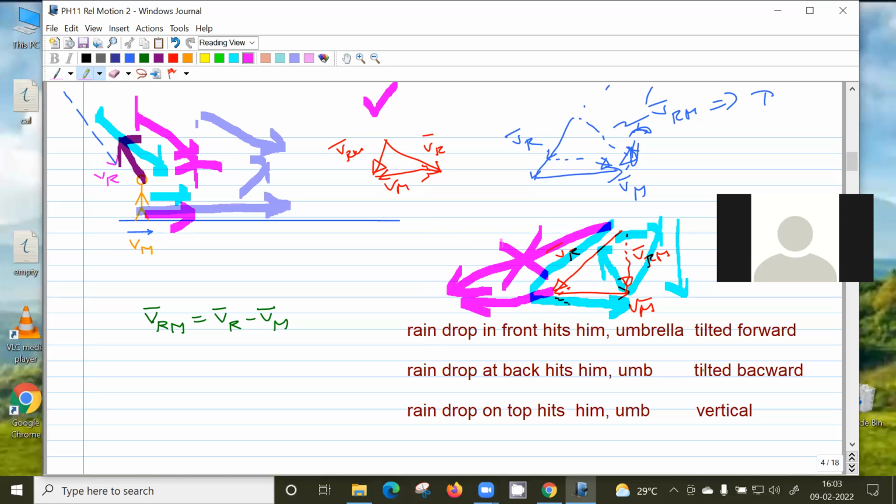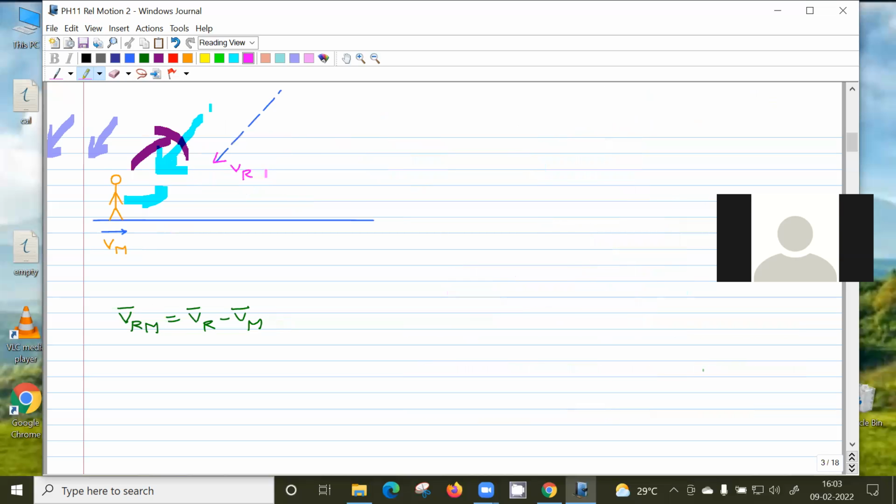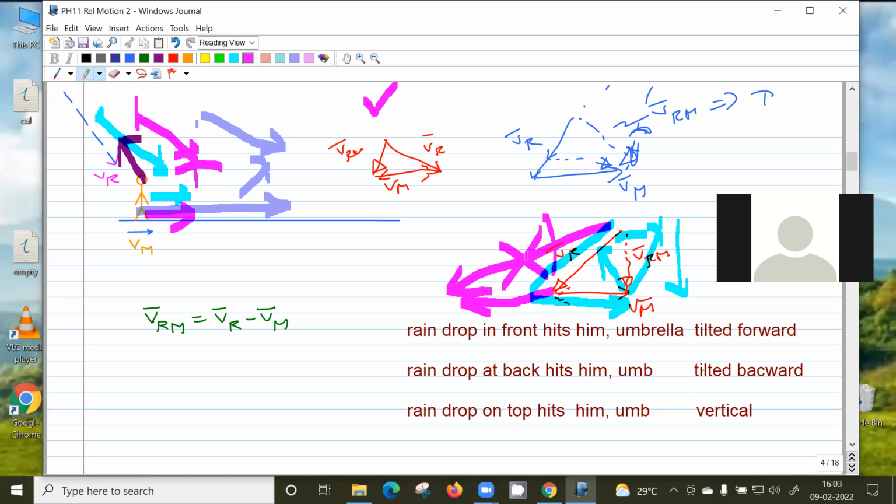So the tilt is in the forward direction only. Got it? In this particular case, this thing corresponds to this one. So here the tilt is always in the forward direction. In this case, all three tilts are possible.